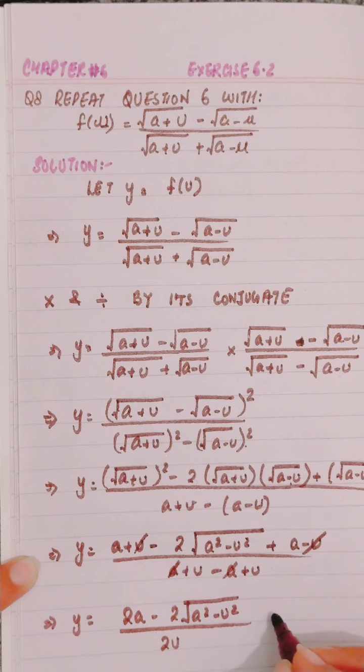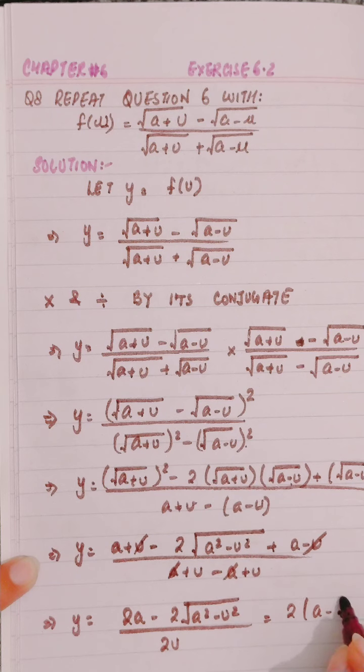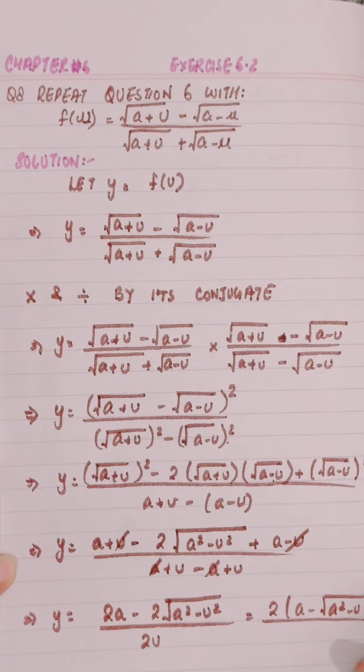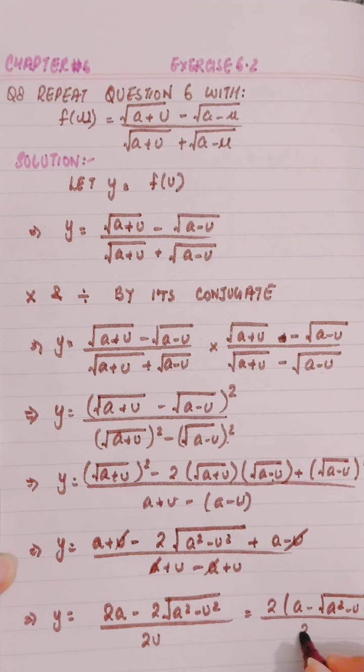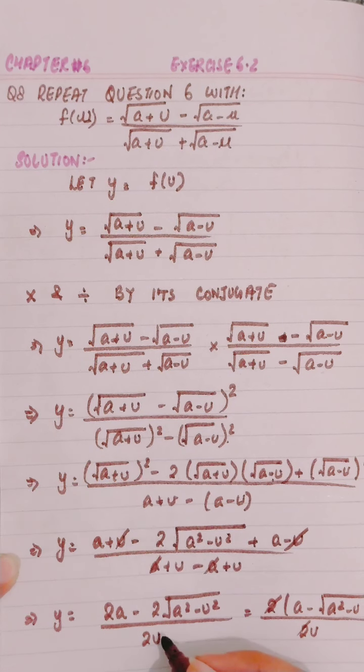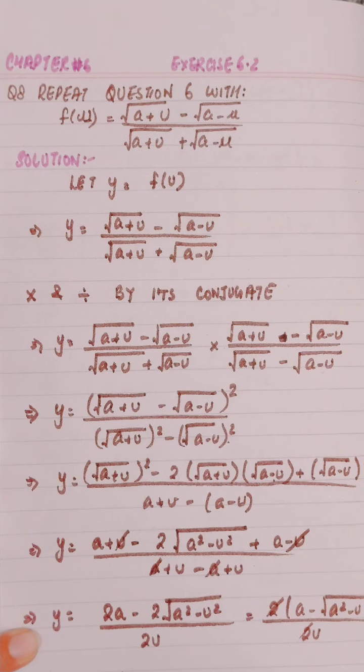Here 2 is common, so a minus under root of a square minus u square divided by 2u. 2 से 2 cancel. Y equals a minus under root of a square minus u square divided by u.